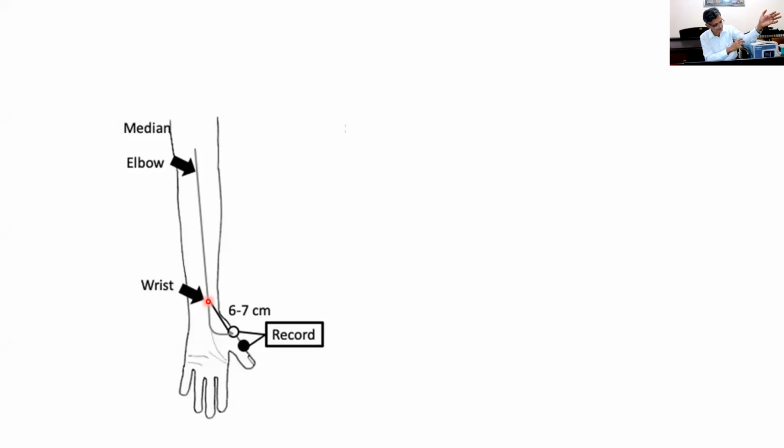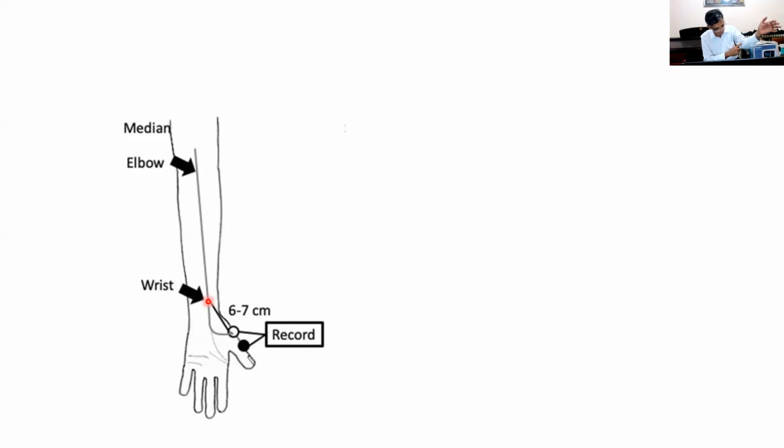When you stimulate from the elbow, it has to travel further. Assume it takes 3 milliseconds to develop the beginning of the action potential when you stimulate at the wrist. So the latency is 3 milliseconds at the wrist.